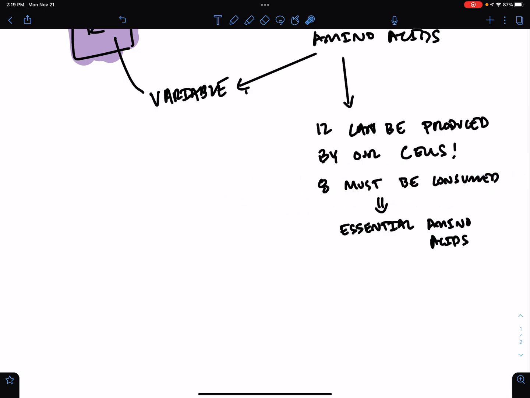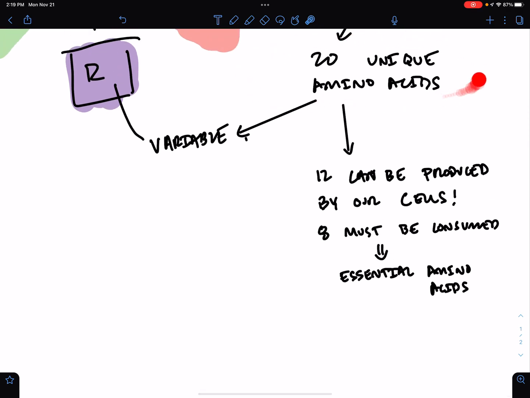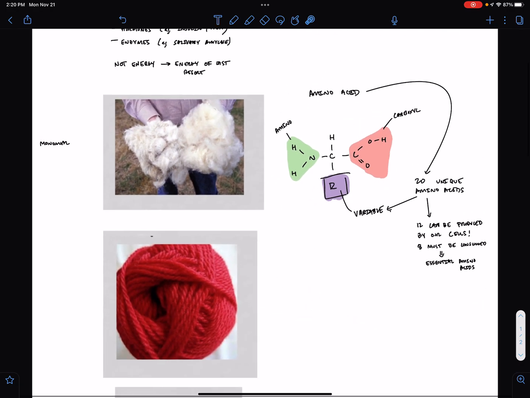Like, for example, if you ate a hamburger, the cow would be full of amino acids and it would have all 20. So you'd get those 12 that you can produce yourself, and you'd also get the 8 that you need to consume in order to stay alive. If you eat rice and beans, that's what's called a complete protein because it contains all 8 of the essential amino acids that you need in order to stay alive.